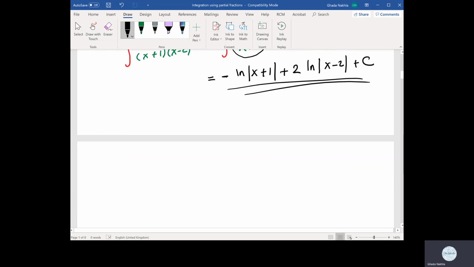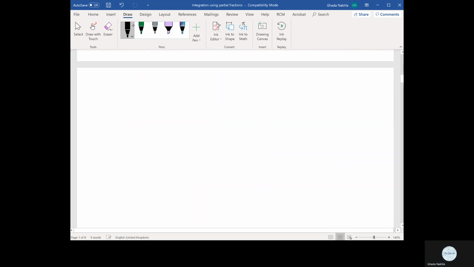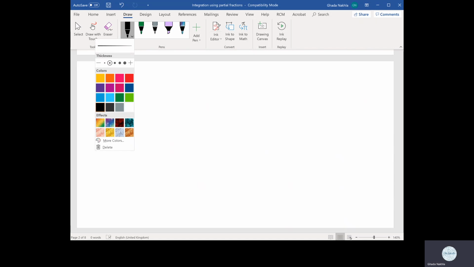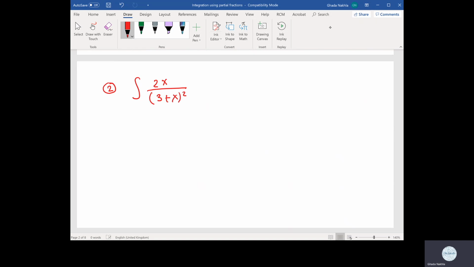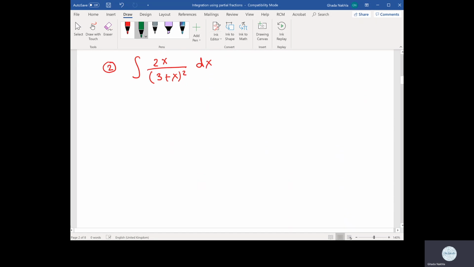Let's take a look at another example, something slightly harder. I'm on question 2, and I'm integrating 2x over 3 plus x all squared dx. Let's ignore the integration for the time being and look at partial fractions.